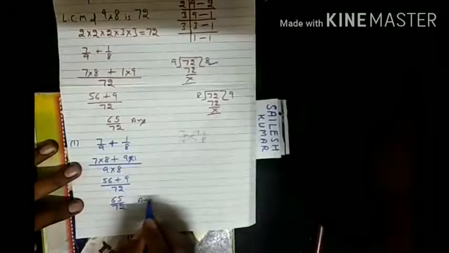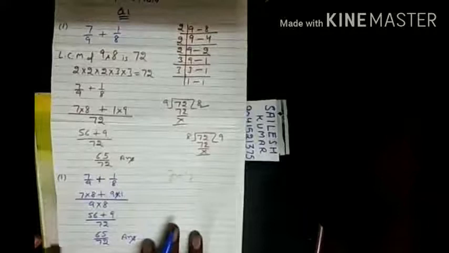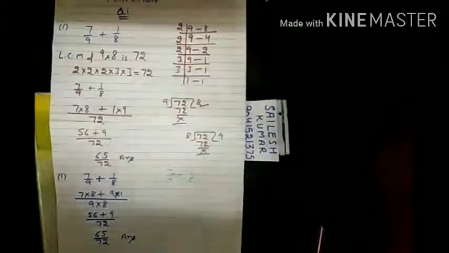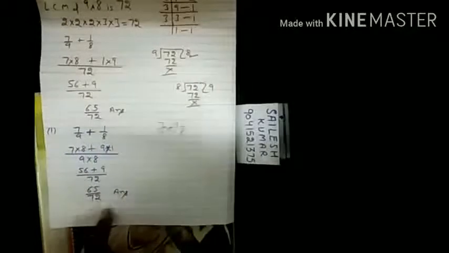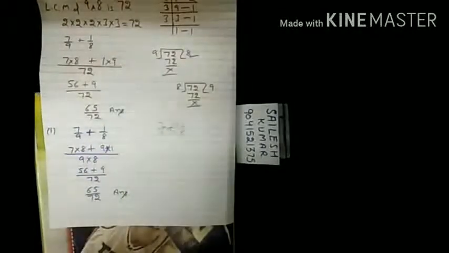Both methods are correct. You can adopt any one which you find easy. In the first method, the answer is 65 by 72. In the second method, also the answer is 65 by 72.